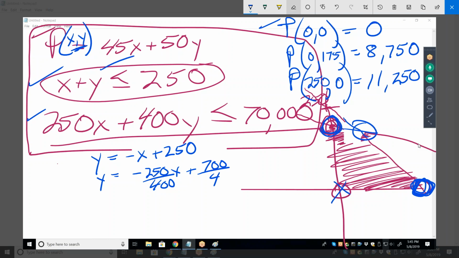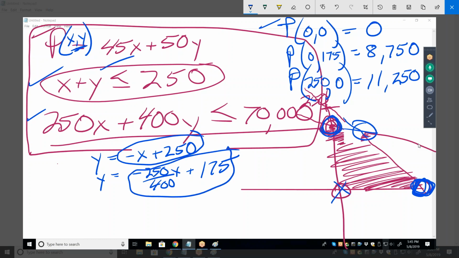Let's go ahead and write 175 there. And then we can set those equal to each other. Now I'm going to set that equal to that. And that gives me where these two lines intersect.